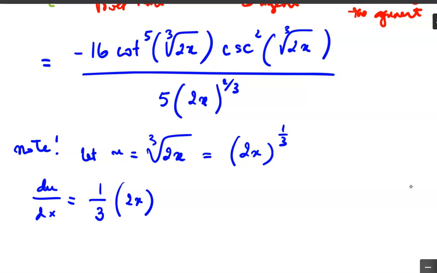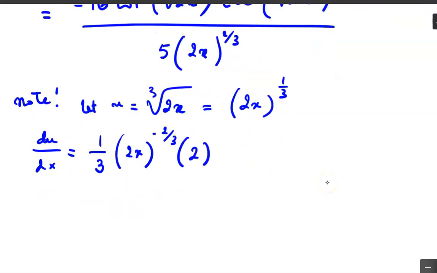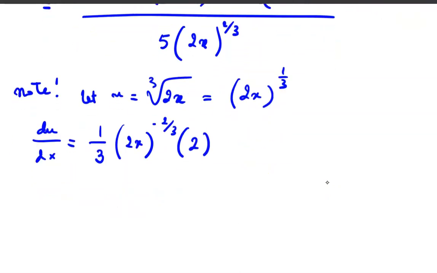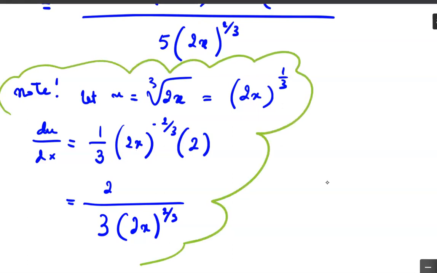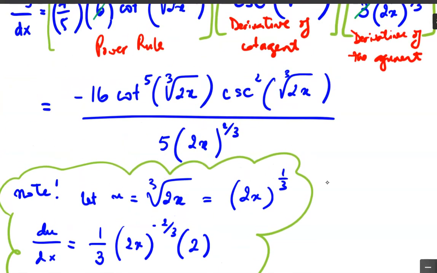Now take 1 away from 1/3, I should have negative 2/3. At the same time, I have to multiply by the derivative of what is inside the bracket. In this case, the derivative of 2x is 2, so I write 2. Then to simplify this, I should have it as 2 over 3, and I bring this entire 2x down to the denominator, raised to the positive exponent. So that's how I get my derivative of the argument up here.